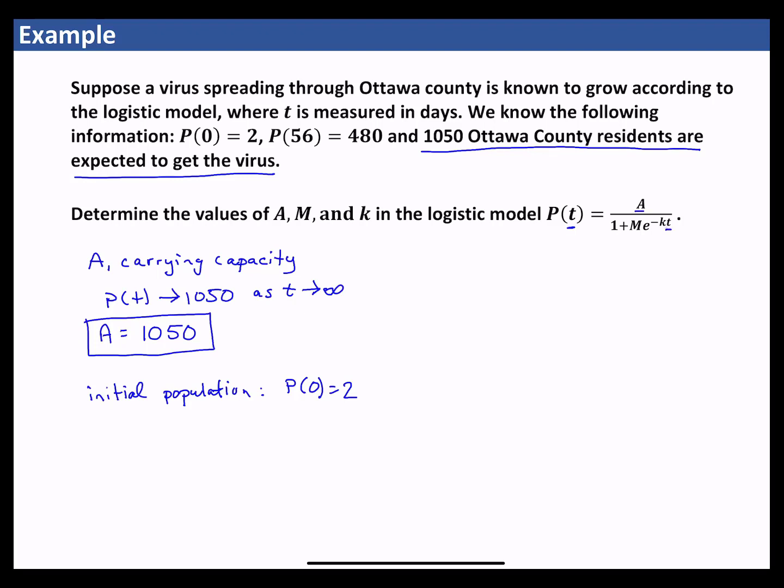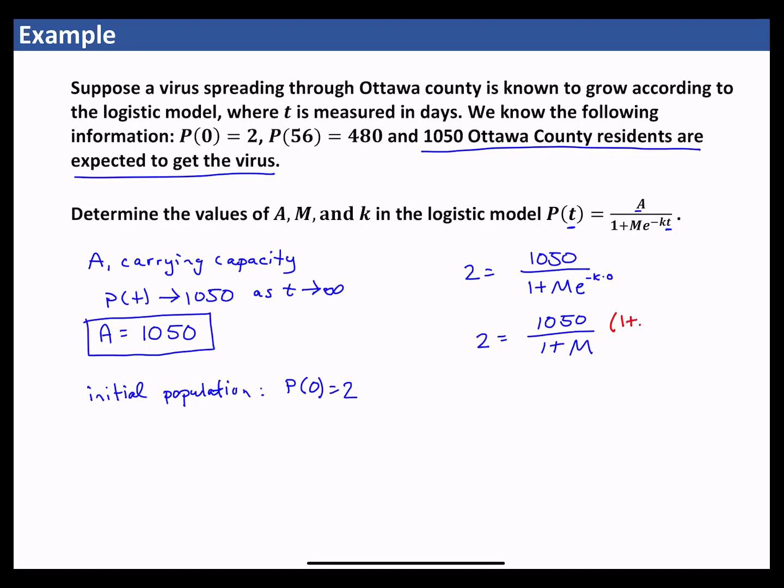We will be able to set the whole equation equal to 2. So we have 2 equals a, which is 1,050, divided by 1 plus m times e to the negative k times 0. This is going to simplify to 2 equals 1,050 divided by 1 plus m.